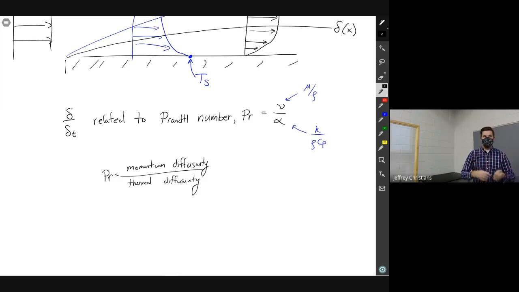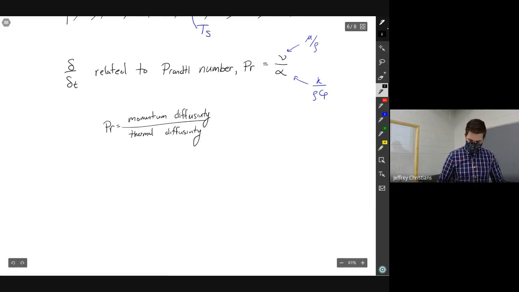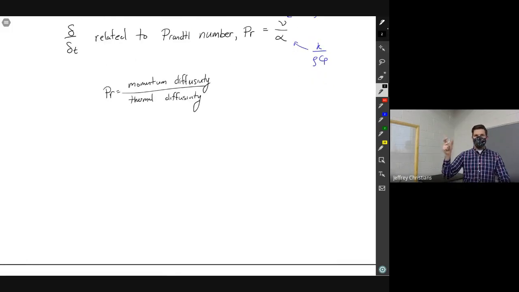Do momentum changes propagate through something faster, or does heat propagate through something faster? It's a relation between just physical properties of the fluid, like mu and rho and k and Cp. So we can actually know this, you can just look it up. What's the Prandtl number for some fluid? And this will tell you the relation between the different boundary layers.